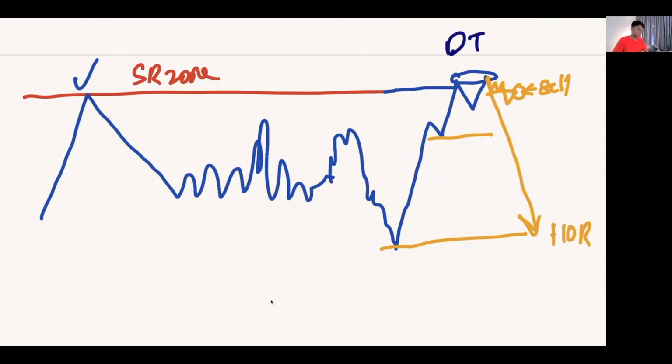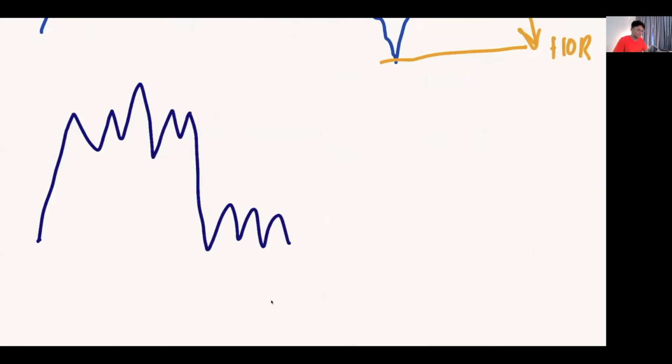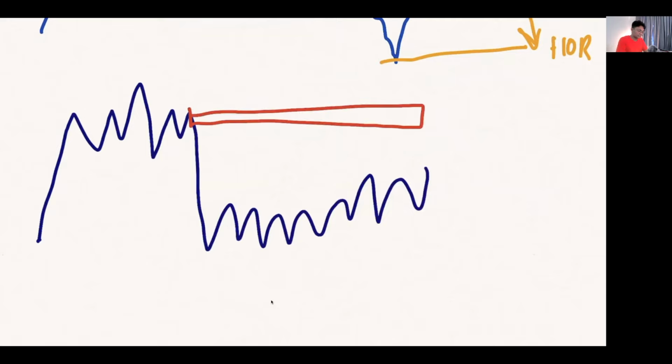How cool is that? It can be on a demand area as well, or in this case, a supply area. The price goes up and then drops, and then eventually, let's say this is a supply zone right here. What happened here is the price crawled all the way up in a losing momentum pattern, a rising wedge.